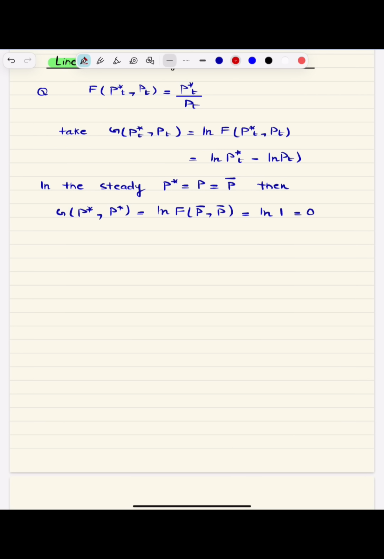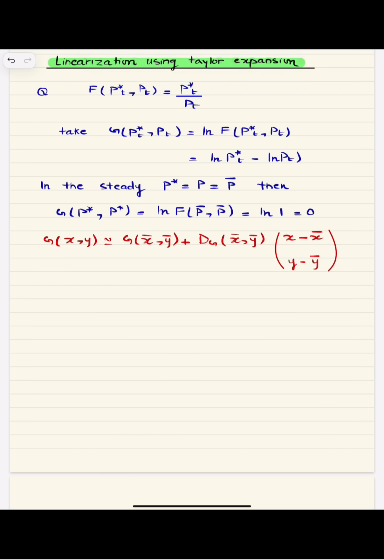Just a revision: if you have a function, let's suppose g of x, y, then the Taylor expansion around the steady state, let's call it x bar, y bar, is g of x bar, y bar plus the Jacobian at these two, that is the Jacobian of the function around x bar, y bar, times the deviation of x from its steady state value and the deviation of y from its steady state value.